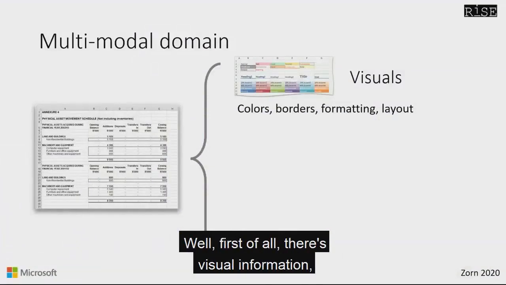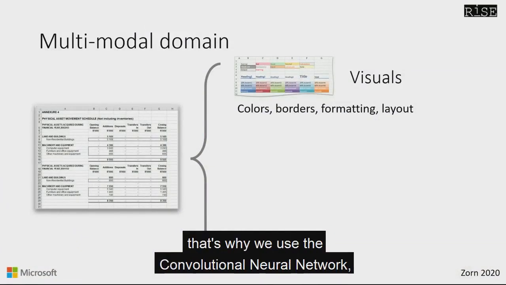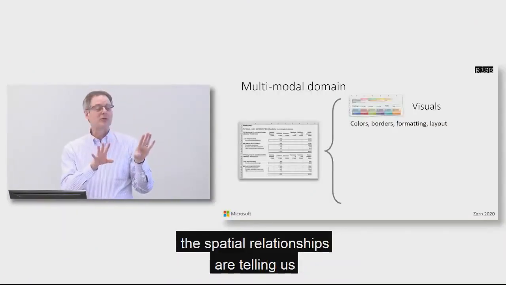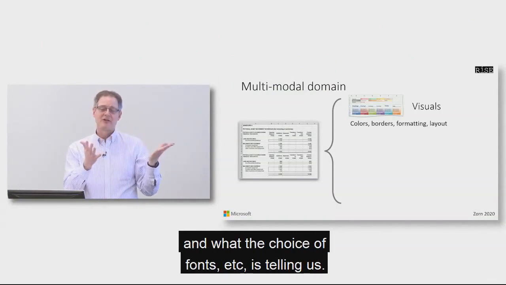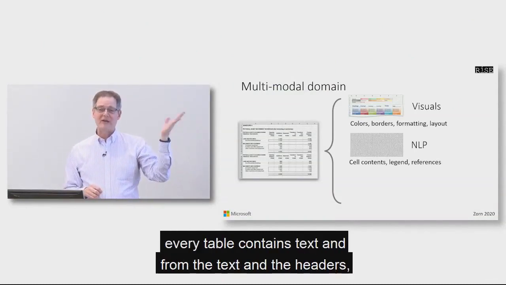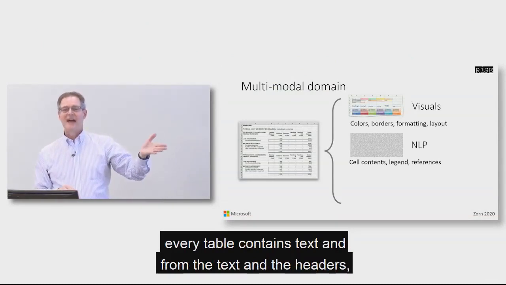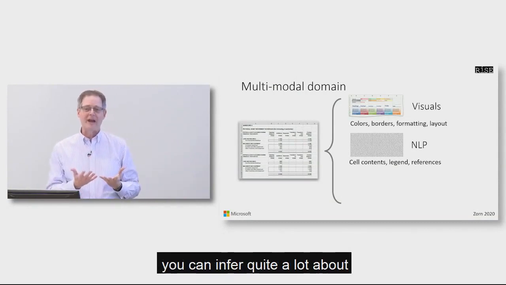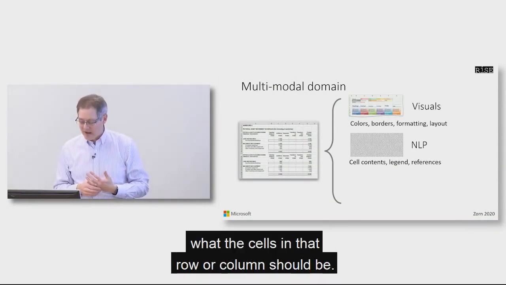Well, first of all, there's visual information, which is why we use the convolutional neural network, to understand what the spatial relationships are telling us, and what the choice of fonts, et cetera, is telling us. But on top of that, there's natural language. Every table contains text. And from the text in the headers, if it says total, you can infer quite a lot about what the cells in that row or column should be.